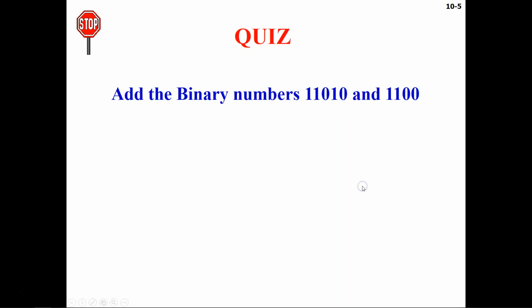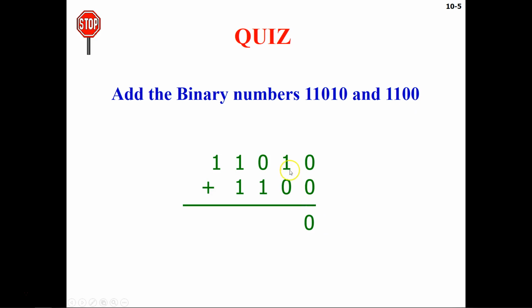Let's see a quiz question to understand binary numbers. Now we have this example to add 11010 and 1100. So if you add 0 and 0, it comes out to be 0. 0 plus 1 is 1. 1 plus 0 is 1, and then 1 plus 1 is 2 in decimal, and in binary it is 10.